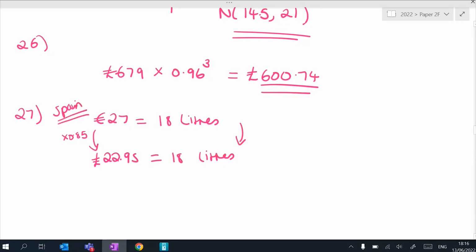Okay, if we look at what happens in Wales, we've got £40.80 for 8 gallons.